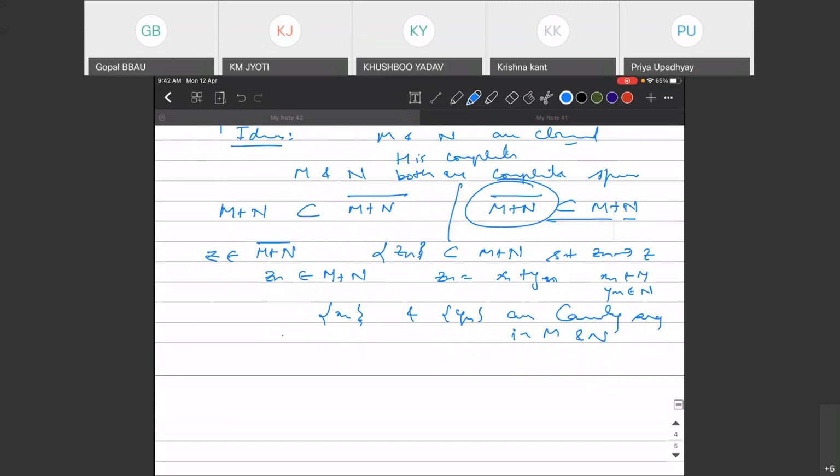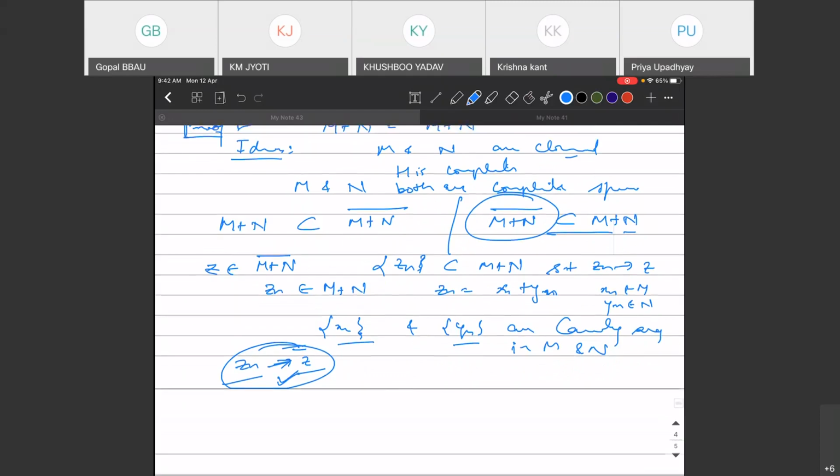This is easy because Zn is a convergent sequence, Zn converges to Z, and a convergent sequence is a Cauchy sequence. So using properties of inner product space and that Zn is a Cauchy sequence, prove that Xn, Yn both are Cauchy sequences.